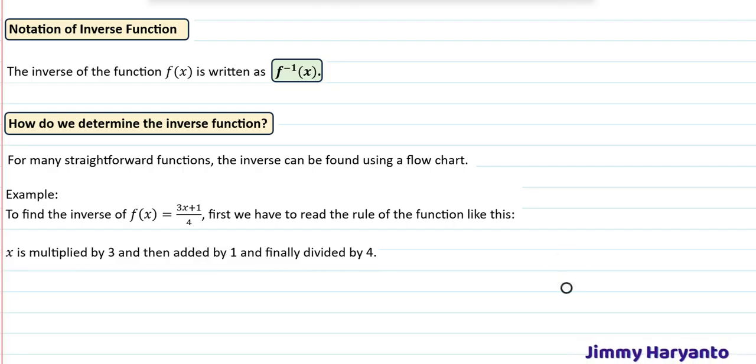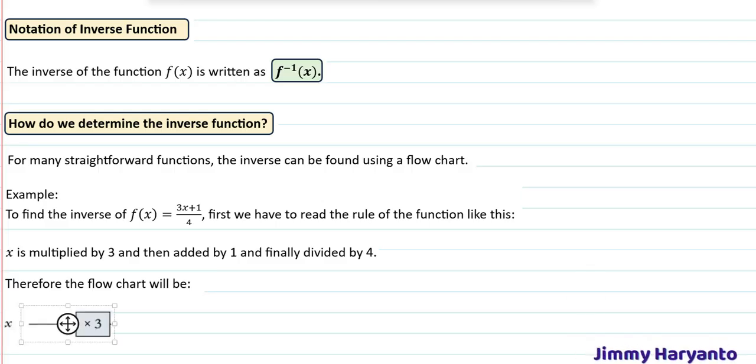So x is multiplied by 3, and then added by 1, and then divided by 4. You have to read it like that, and then after you read the rule, you can create a flowchart like this.